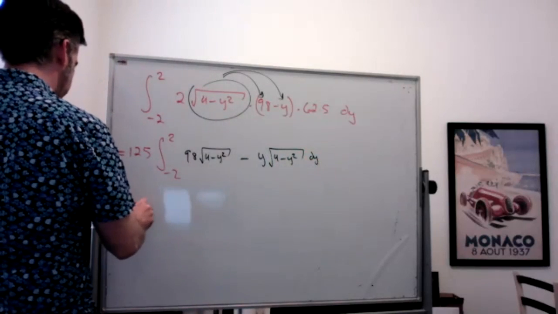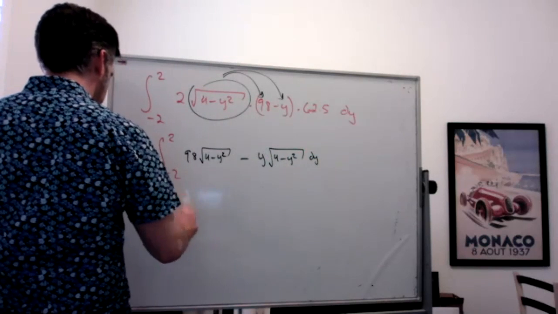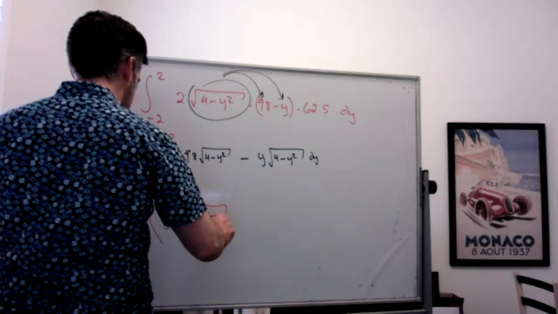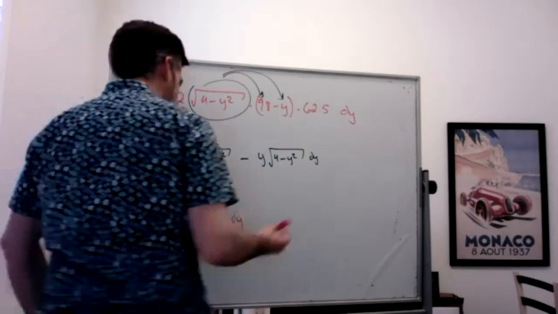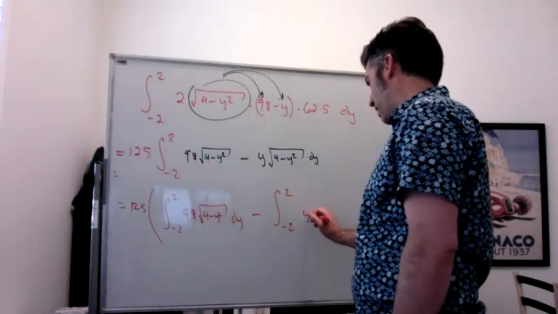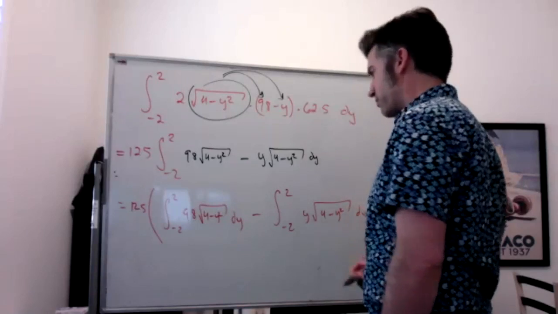That's 125 times the integral from -2 to 2 of 98 times the square root of 4 minus y squared dy minus the integral from -2 to 2 of y times the square root of 4 minus y squared dy.